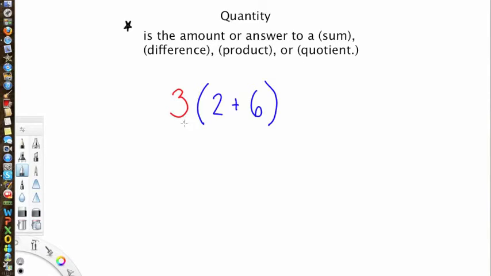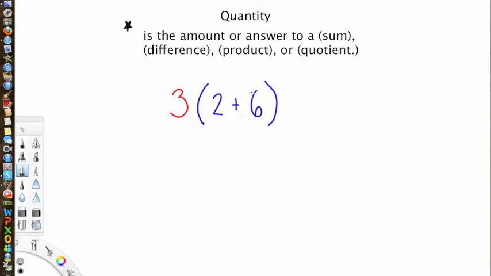In this example here, we can describe it as the product of two factors. Okay, we're trying to find the product of these two factors, 2 and 6. Okay, the quantity of 2 and 6, or 2 plus 6, is viewed as one factor consisting of two terms.